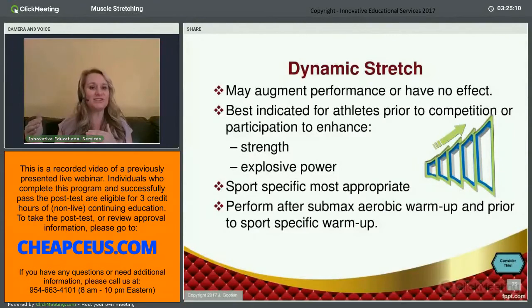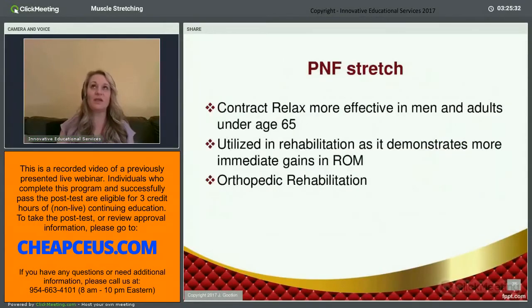It has a greater opportunity to increase the muscle firing, increase the power and the strength. So for dynamic stretching to be sport specific, you can do some type of aerobic warm-up, followed by dynamic stretching, and then you go into your sport-specific runs and drills, followed by your participation.